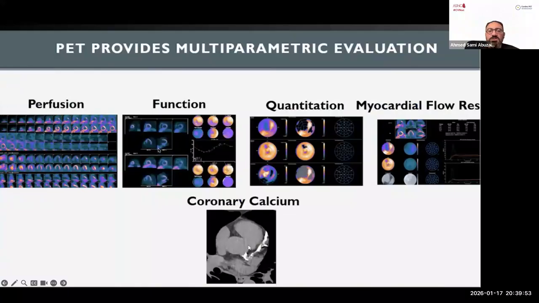I get my function, ejection fraction. I can see the LV reserve. I can plot the map. I can see how much reversibility, if I have a scar or total ischemia by comparison. And that's what we've been doing in the last really 10, 15 years. And now we added CT scan to the system so now we started to see calcium in the blood vessel and can add to that.